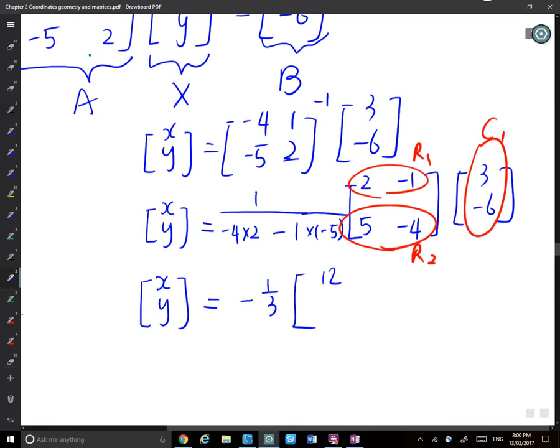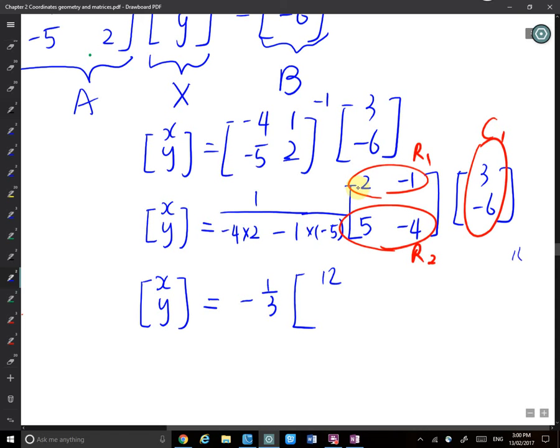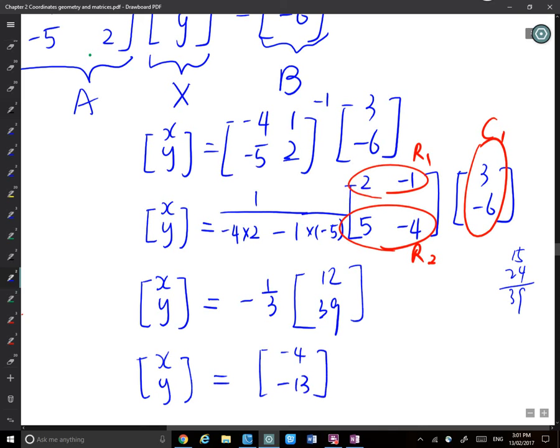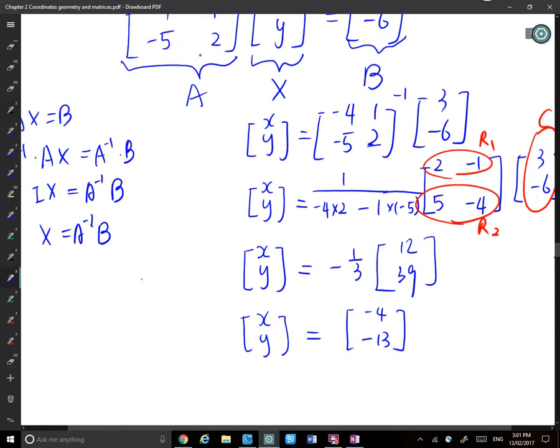Another one is 15 plus 24, which is 39. Then times the negative a third gives negative 4 and negative 13. Now I have solved it, so my x equals negative 4 and my y equals negative 13.